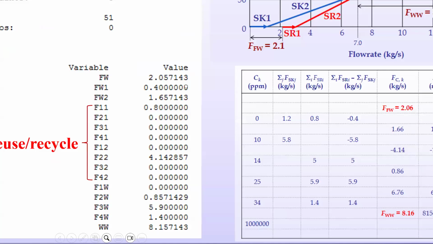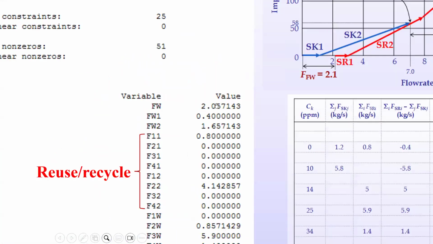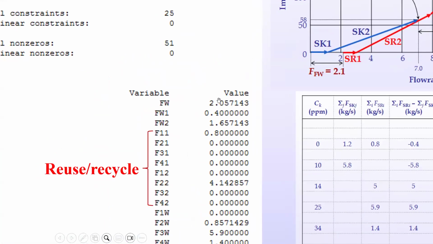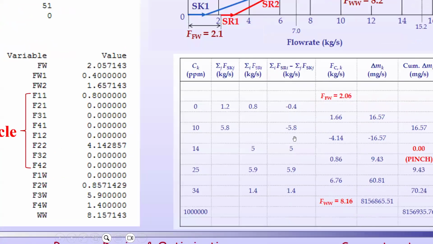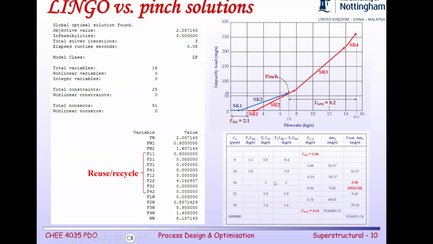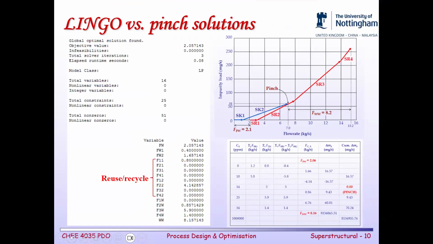And that is also what we obtained using mathematical optimization. This is for fresh water, this is for wastewater. Another technique that can be used is the automated targeting model, but I haven't taught you this one. We can skip this topic since it's a supplemental topic, but all the answers match across those three methods.